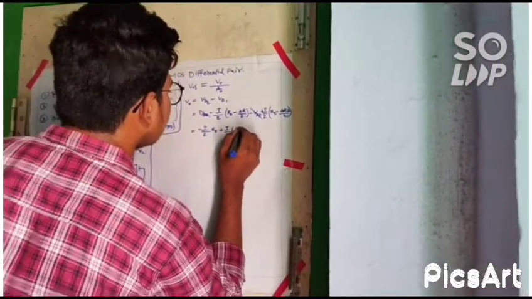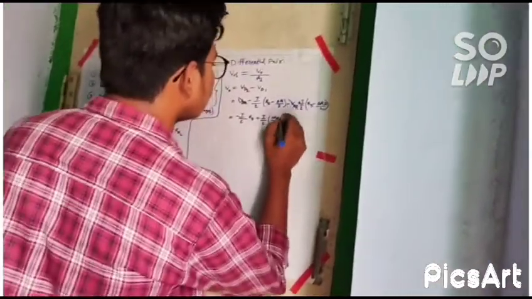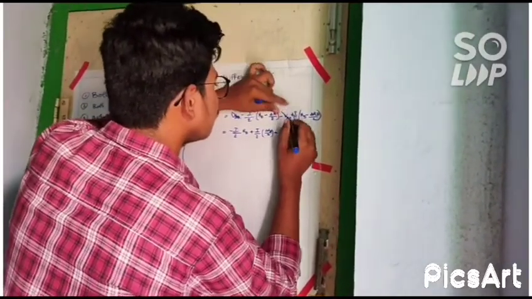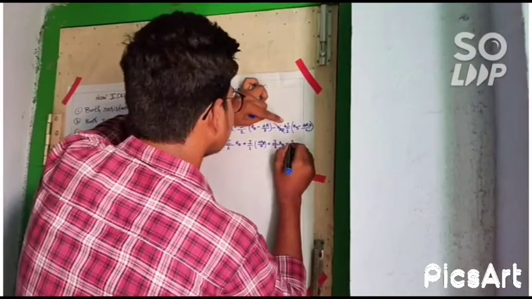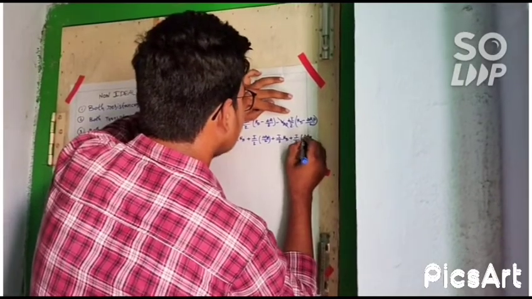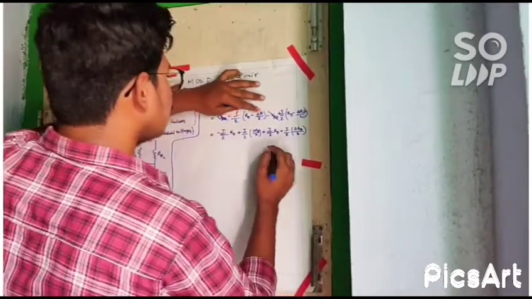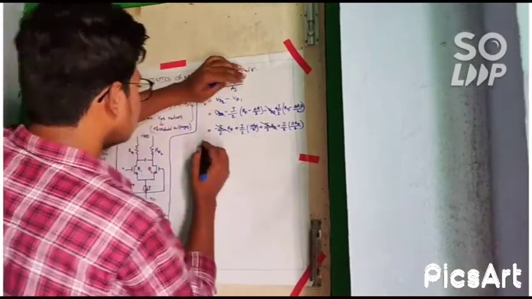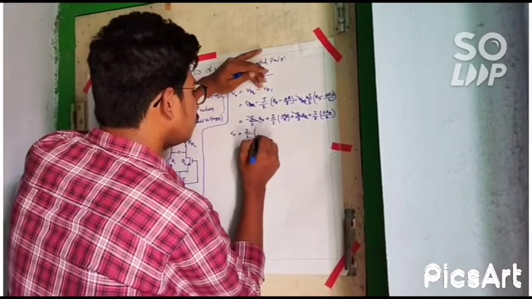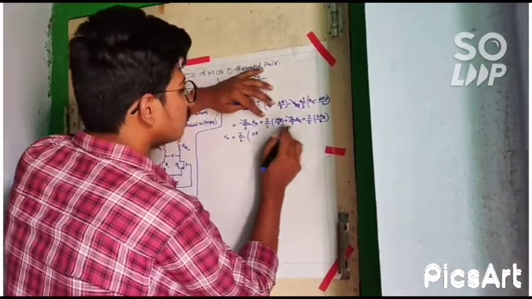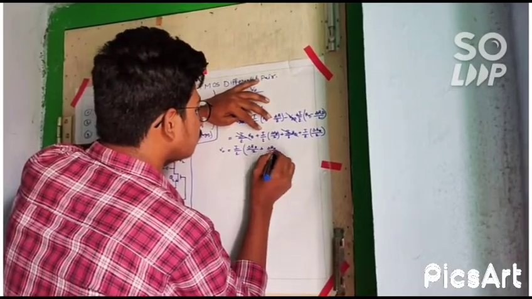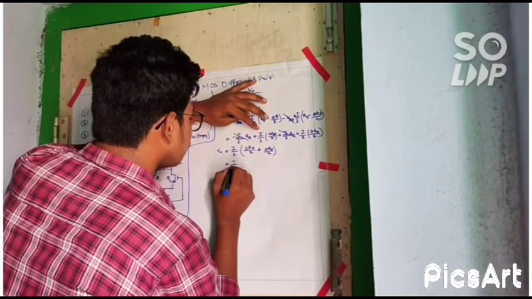Here VDD and VDD cancel. Minus I by 2 into RD, and plus I by 2 into delta RD by 2. Here plus I by 2 into RD, and plus I by 2 into delta RD by 2. Here both RD terms are cancelled.